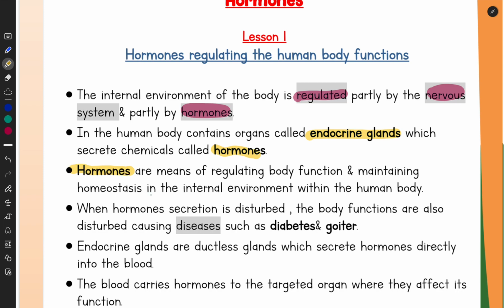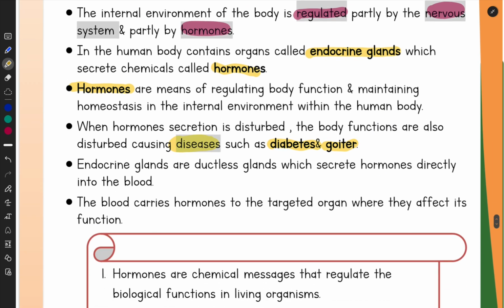Hormones are a means of regulating body functions and maintaining homeostasis in the internal environment within the human body. When hormone secretion is disrupted, body functions are also disrupted, causing diseases such as diabetes and goiter, which we will learn about after some time.